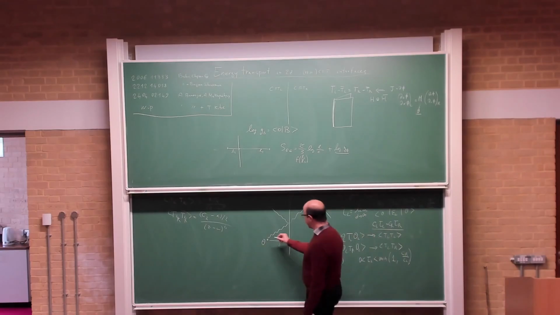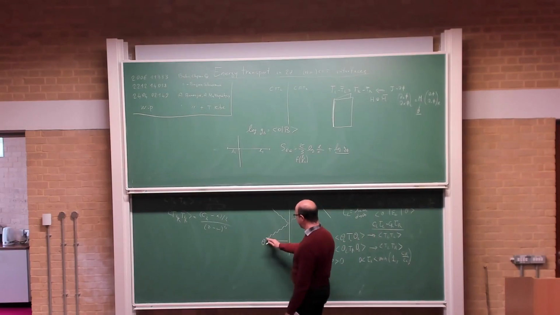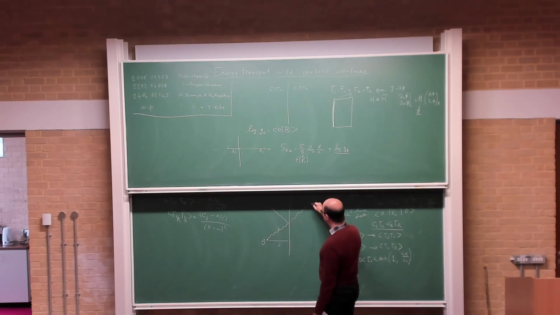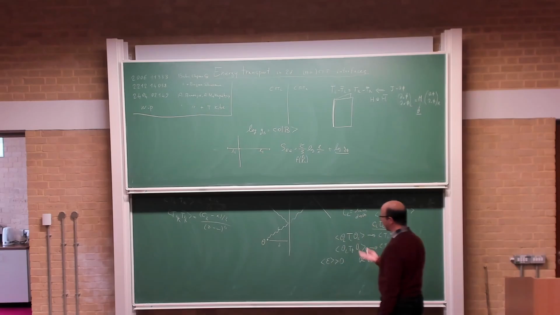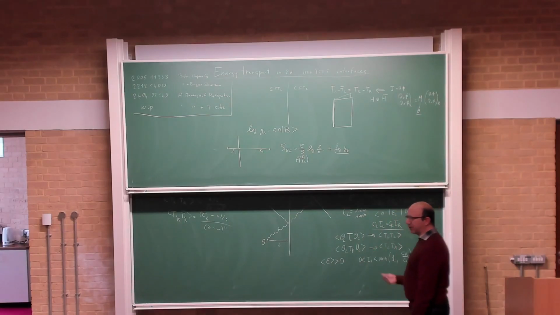That means if I normalize such that here I'm sending a unit flux of energy, then the flux of energy I will see at infinity will be the fraction of energy which is transmitted across the interface. In principle it should not be just a number.